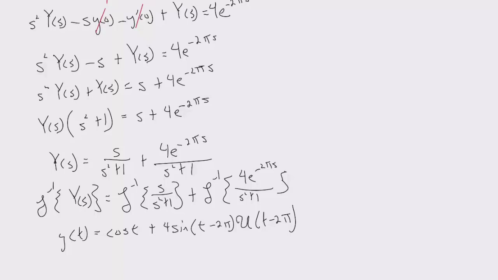All right, and we can translate that back. Well, actually, let's have a quick chat about the sine, because the sine we can have a little bit more fun with. So we say sine of t minus 2 pi. If you think back to your trig formulas, your difference of sine function, we can actually simplify that down to sine of t, which means we can translate this y function back into a piecewise function.